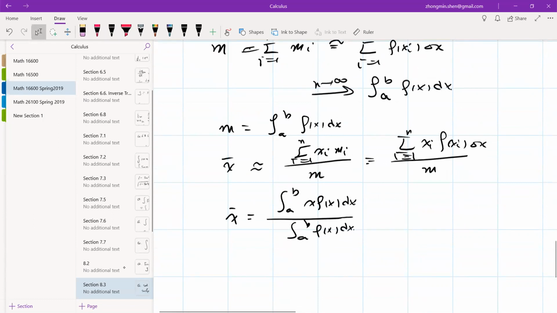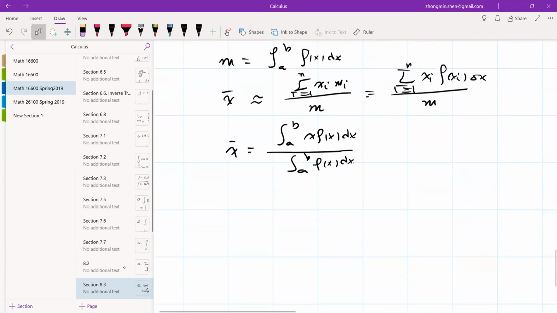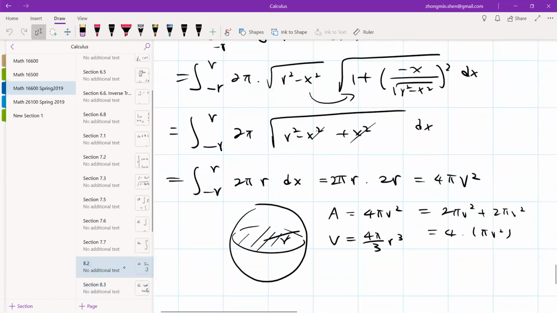Now we are going to use a similar idea. We can find the center of mass with a density. So this is the two-dimensional case. The formula is given in the book.